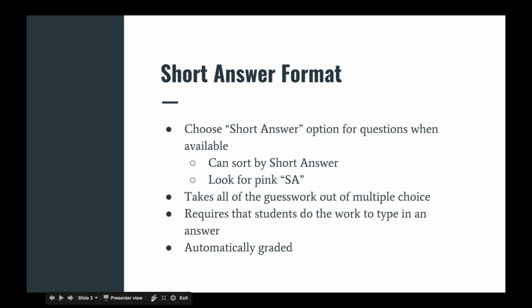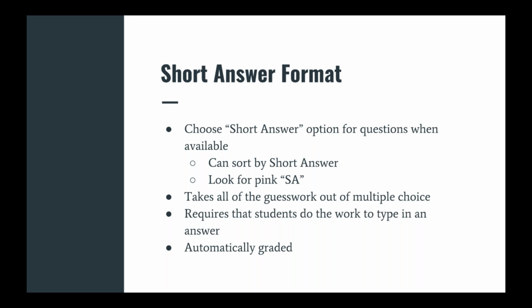Also on the benchmark, you can take all of the guesswork out for students and use a short answer question format instead of multiple choice. So that way students will have to do the work to type in their answer, and those are automatically graded on our site. And we do take into account some variations in spelling.